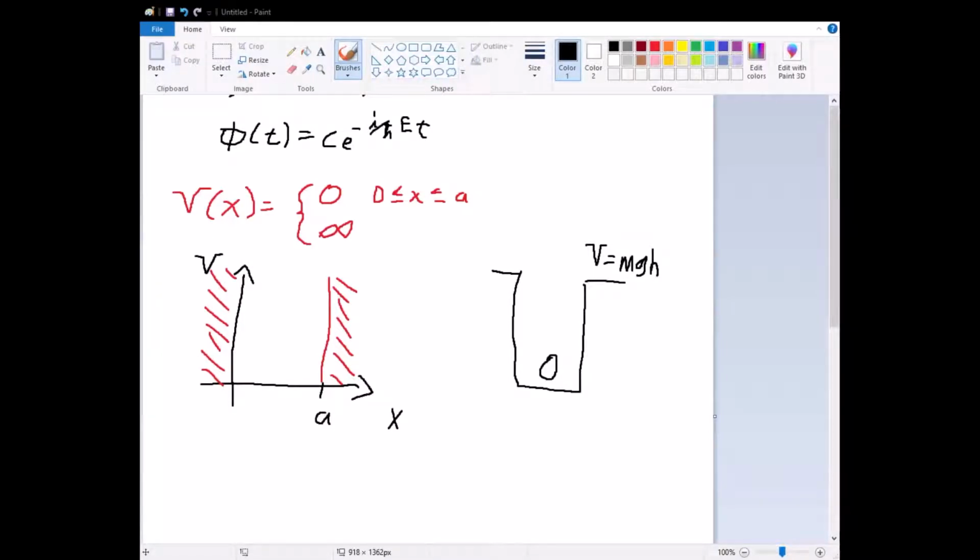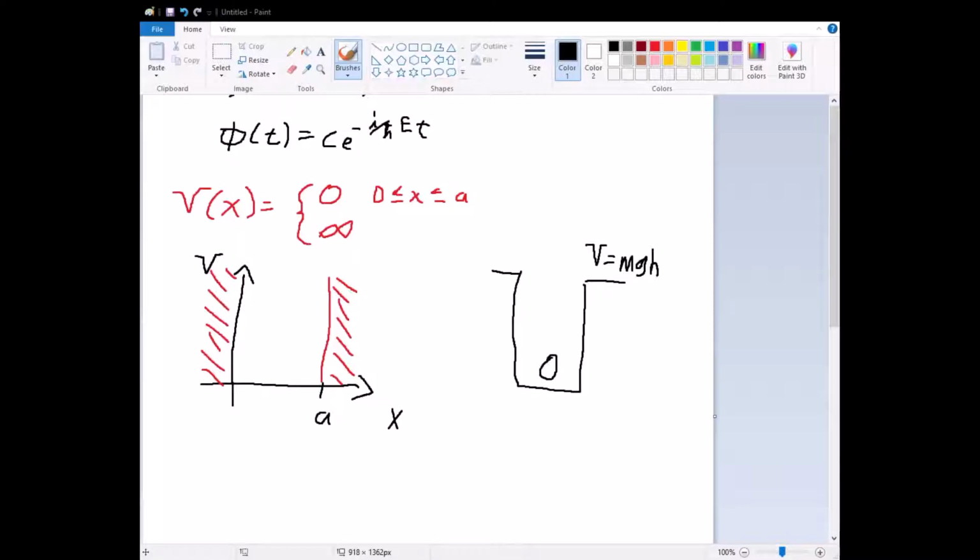Now, obviously, this is not a physically realizable potential, because in real life it isn't possible for some hole to have an infinite depth. It's not possible for us to contain an object in something that has infinite durability, or some cage with walls of infinite height.